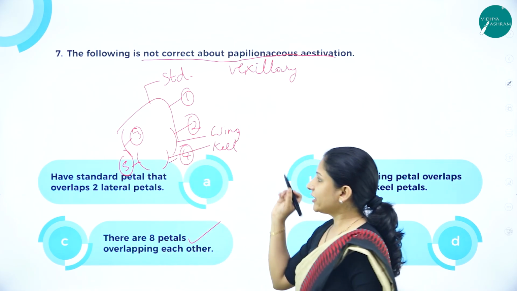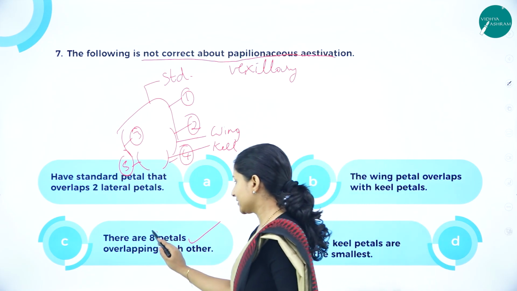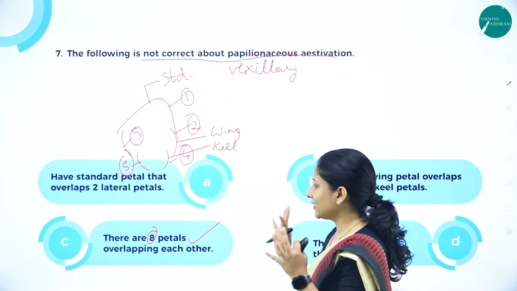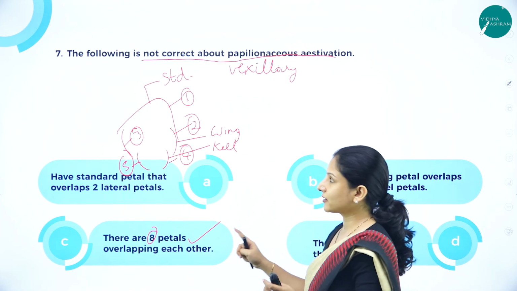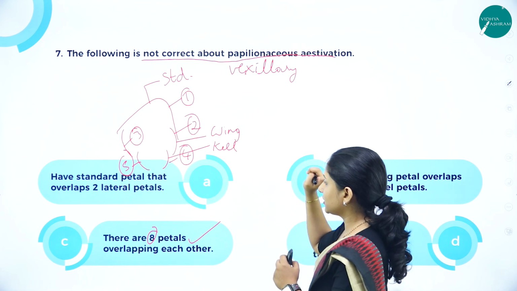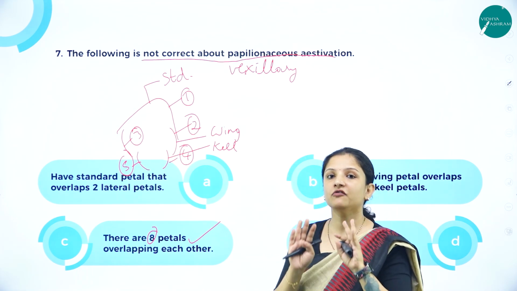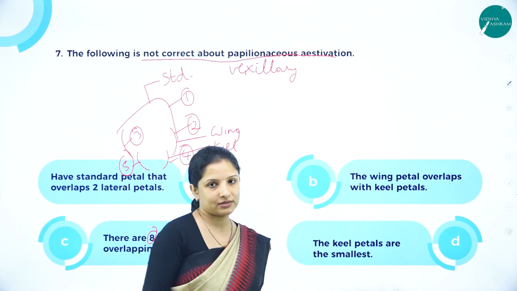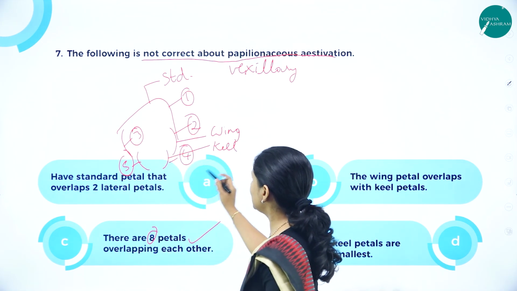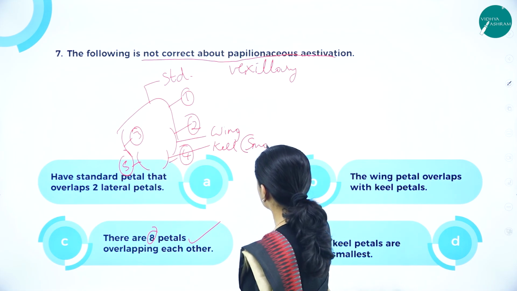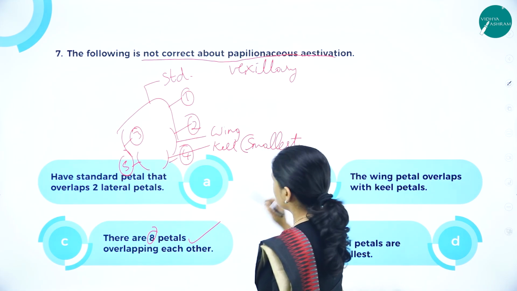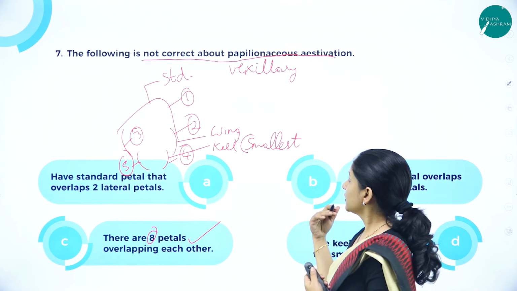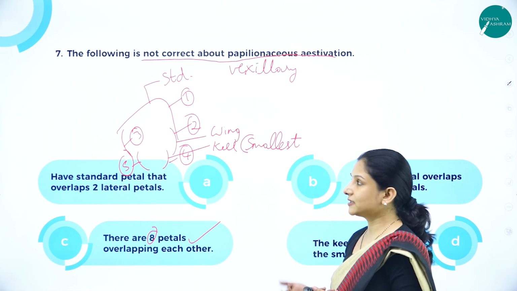So they have only 5 petals, not 8. This is wrong. So the right option is that 8 petals overlapping each other is not a characteristic of papillonaceous estivation, because there are 5 petals overlapping. The keel petals are the smallest. Yes, that's true. So option C is the right answer for not being a characteristic of papillonaceous or vexillary estivation.